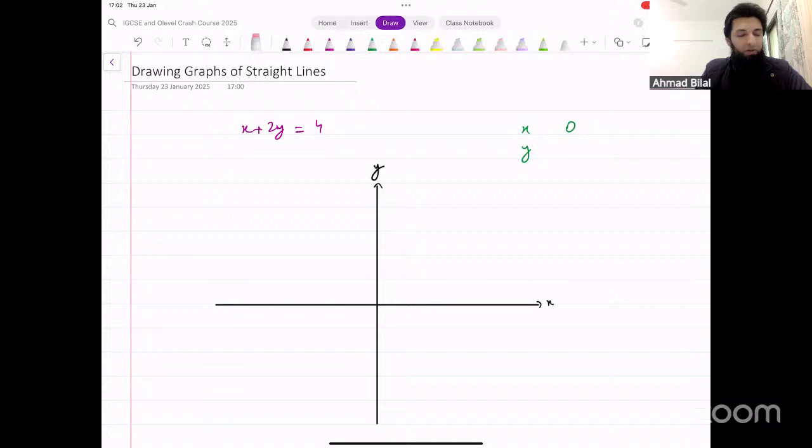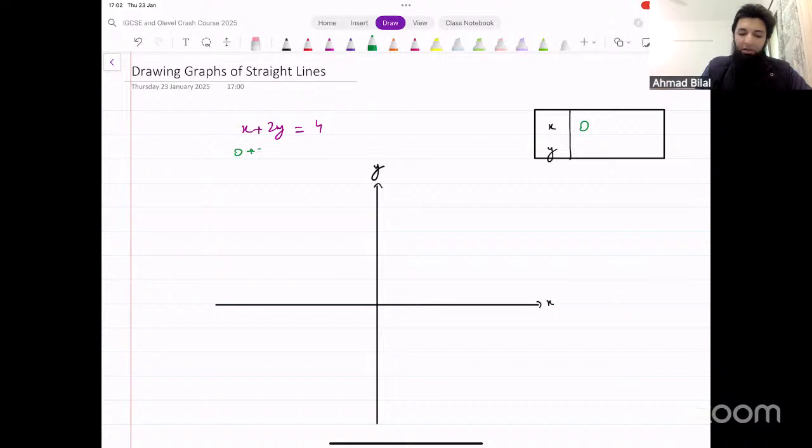You can make a table like this such that you have x coordinates in the first line, y coordinates in the second line. All you have to do is put a random value of x in this. Let's say we input 0. When we input x equal to 0, we get y equal to 2, right? So when x equals 0, y equals 2.